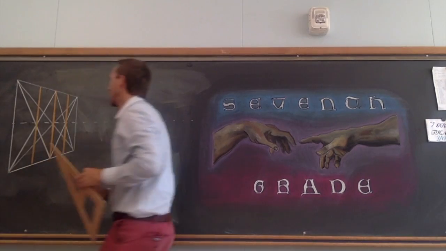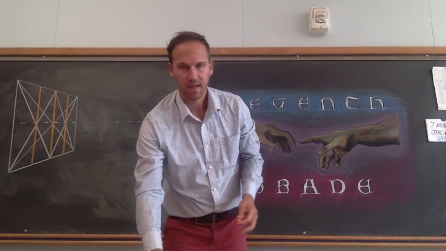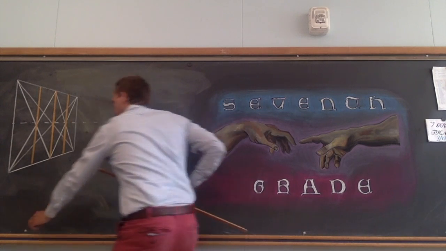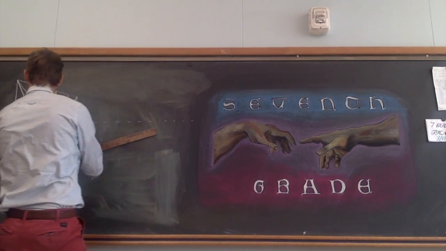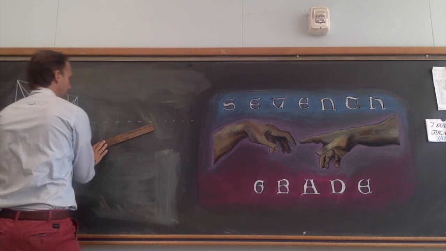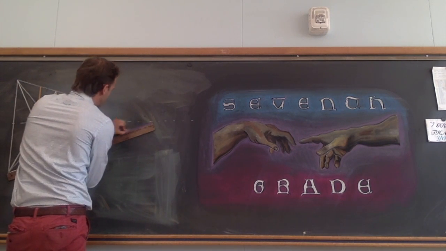Great. Now, if I take the lines of the trapezoid and I extend those lines all the way out, eventually my trapezoid is going to turn into a triangle.